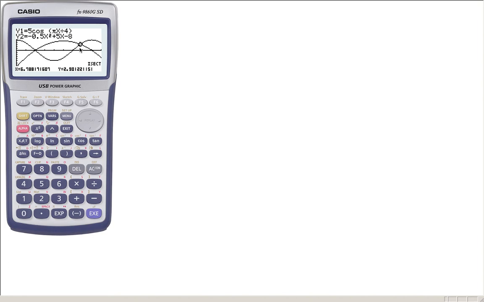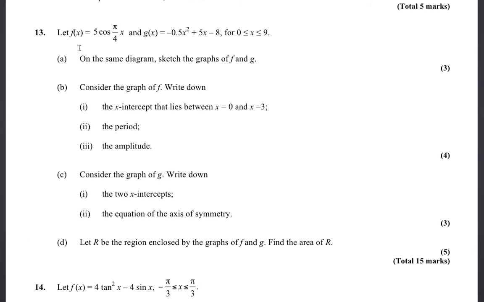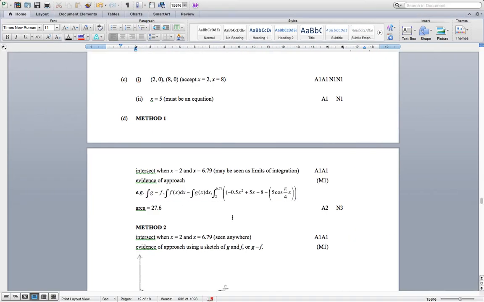So that will give you, let me show it to you here, the integral from 2 to 6.79 of g of x minus f of x dx. If you plug it in your calculator, you will get the answer 27.6.